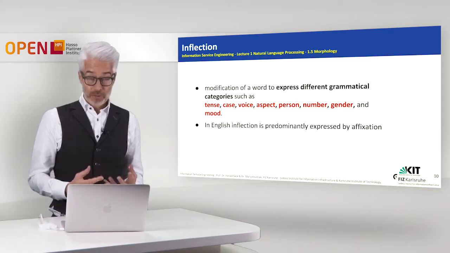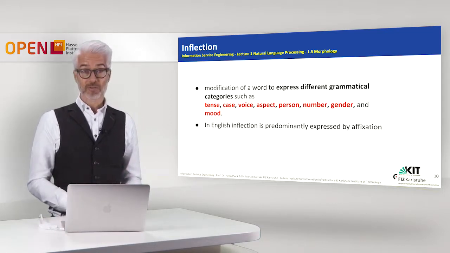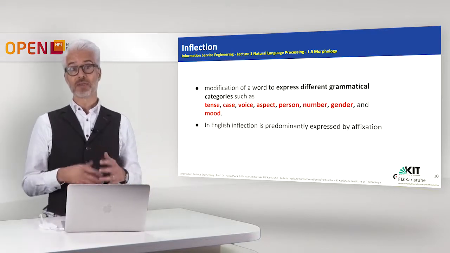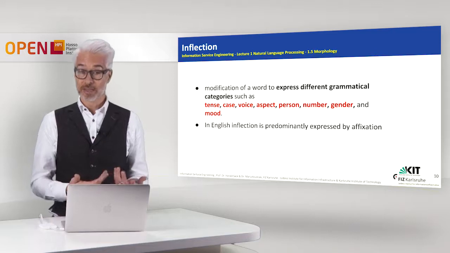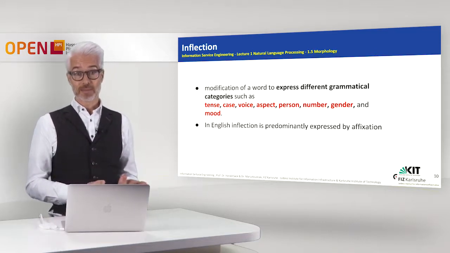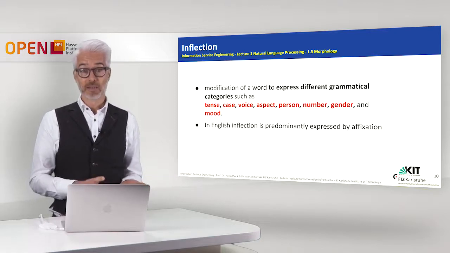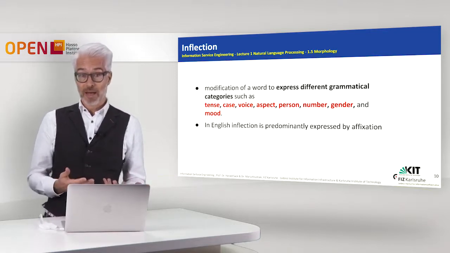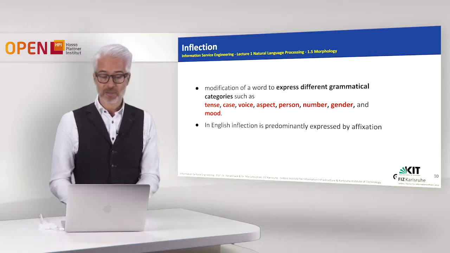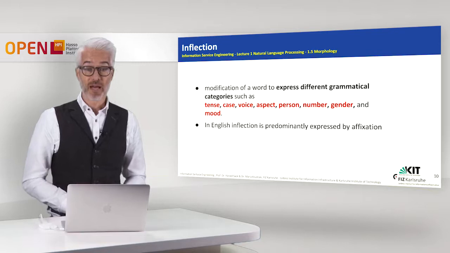And the third rule of morphology that we have is the inflection. And this is a modification of the word to express different grammatical categories. As we have already mentioned, tense or also case, voice, aspect, person, number, gender, or the mood. And in the English language, this kind of inflection is predominantly expressed with the help of affixation.